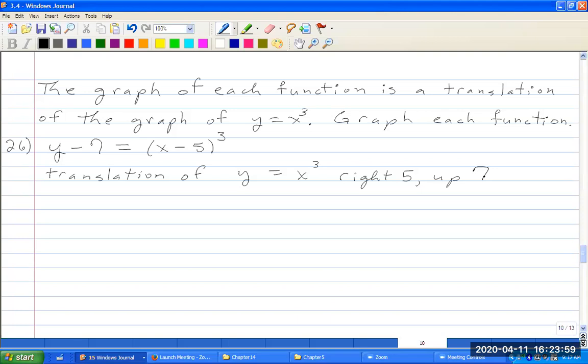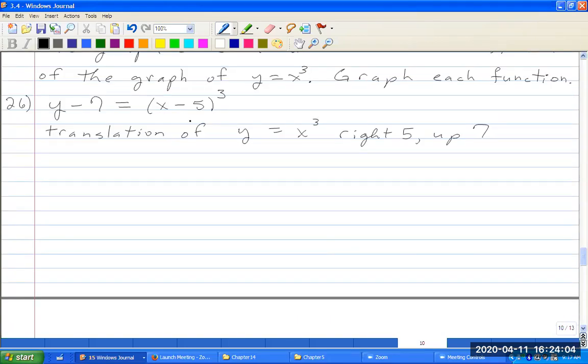So let's try to sketch the graph of this, as best I can.